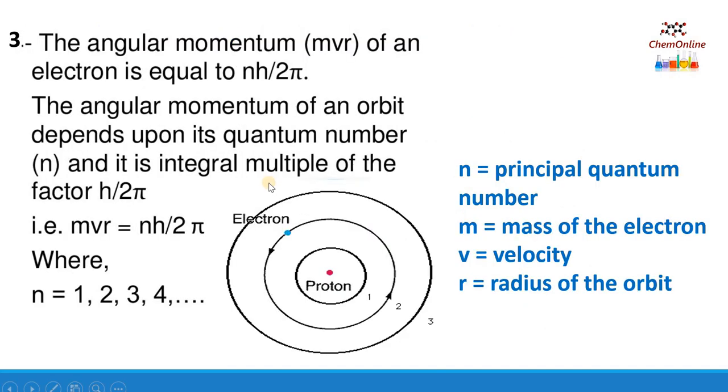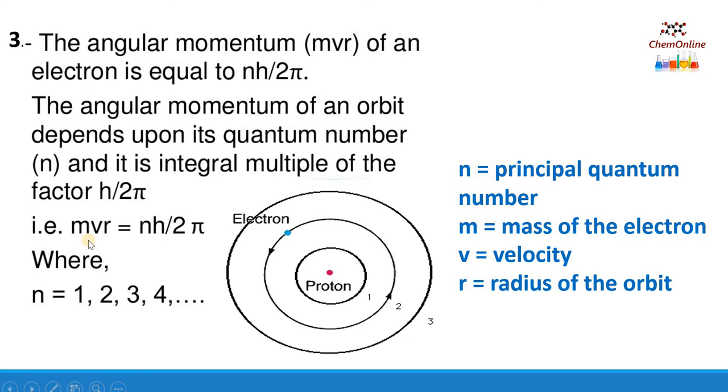The next postulate is that only those orbits are permitted for an electron in which its angular momentum is an integral multiple of h by 2π, or we can say that the angular momentum of an electron is quantized.